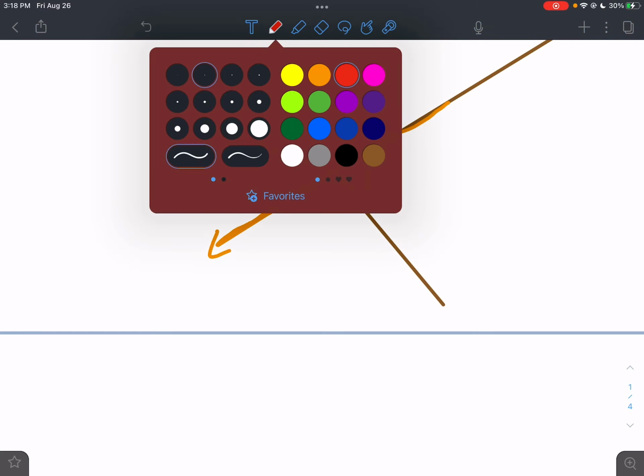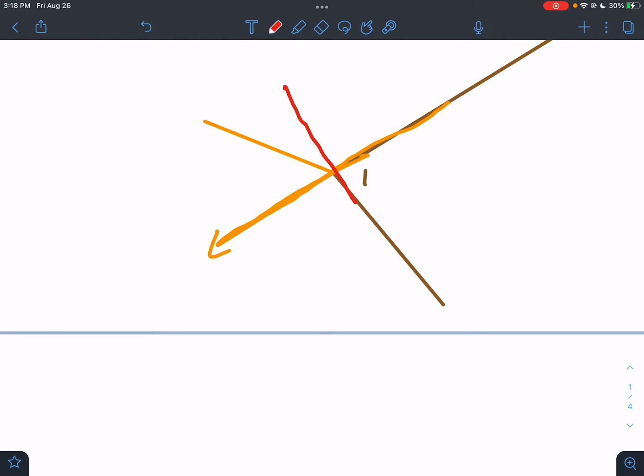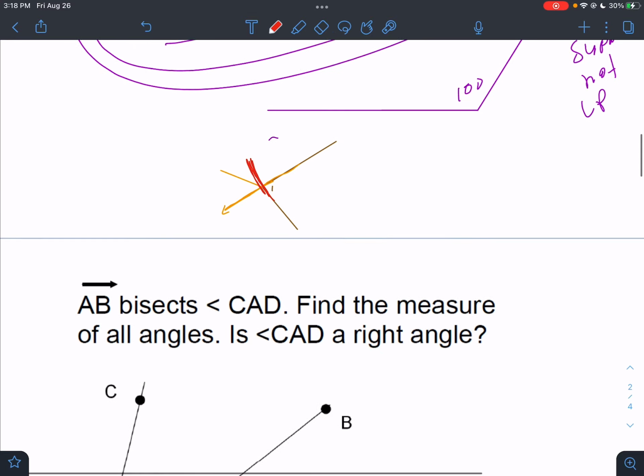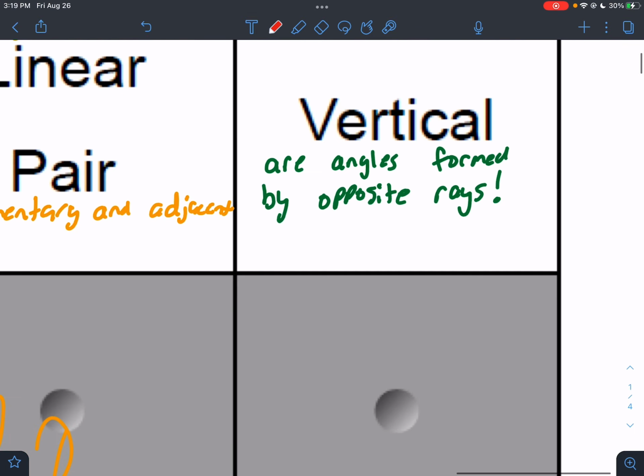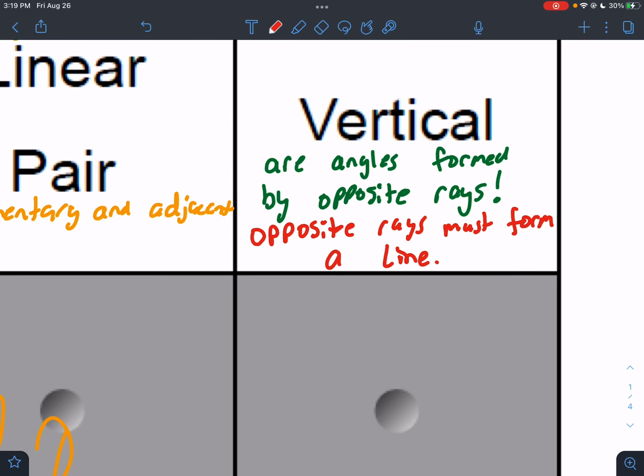But is the other one an opposite ray? If you were to keep going, is that? No. Opposite rays must make a straight line. So I might want to add that up here just so we know. Opposite rays must form a line.